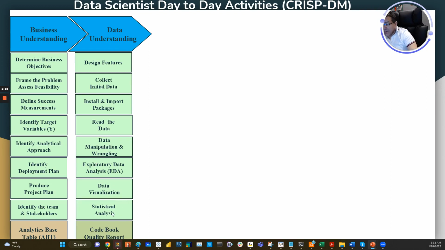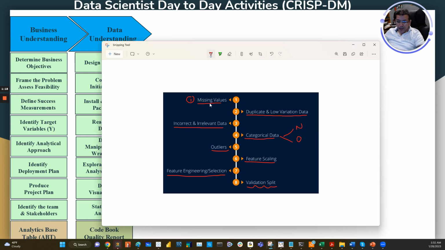So you need to document anything related to quality: outliers, missing values, irrelevant or incorrect data, duplicate records, categorical data, etc. You need to touch base on most of these things in that report. And that is the report we are going to use to fix the quality issues.